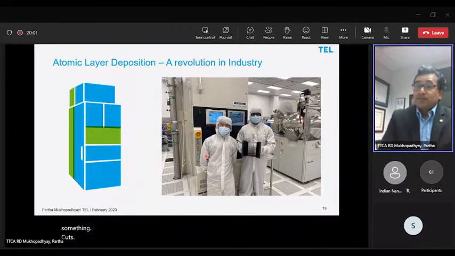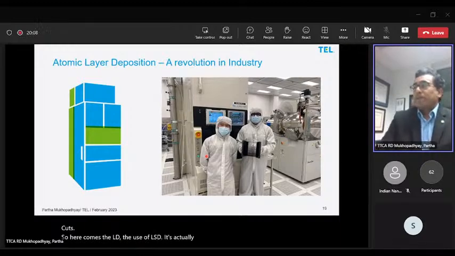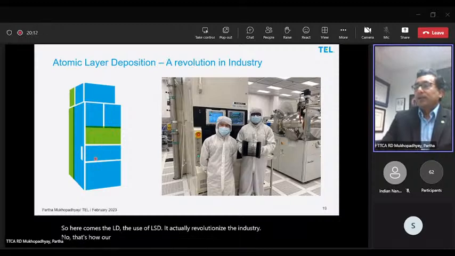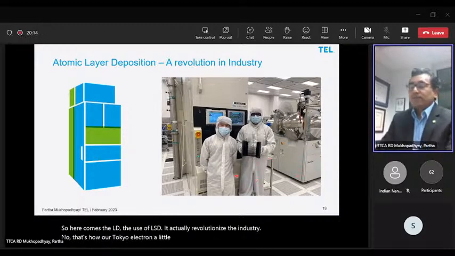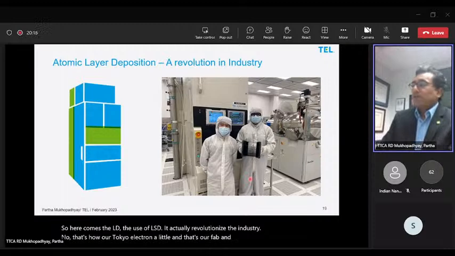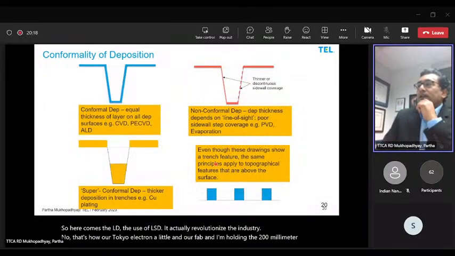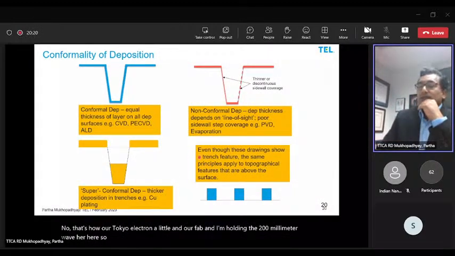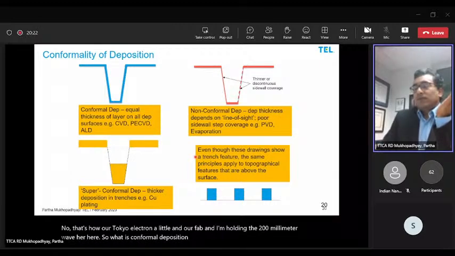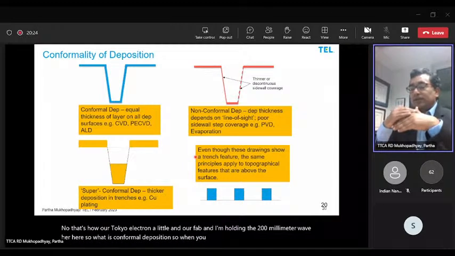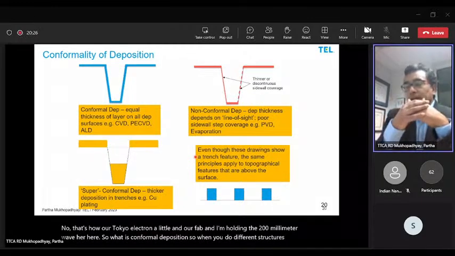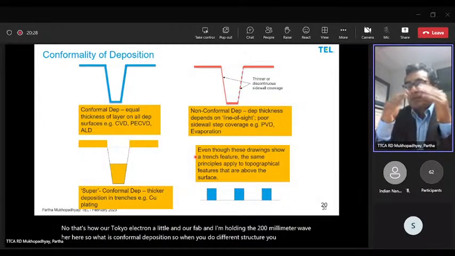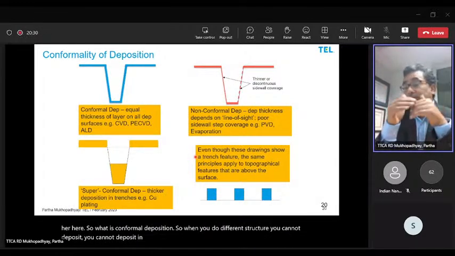So here comes the use of ALD. It actually revolutionized the industry. That's our Tokyo Electron ALD tool, and that's our fab. And I'm holding the 200 millimeter wafer here. So what is conformal deposition? When you have different structures, you cannot deposit on all surfaces unless there is ALD.